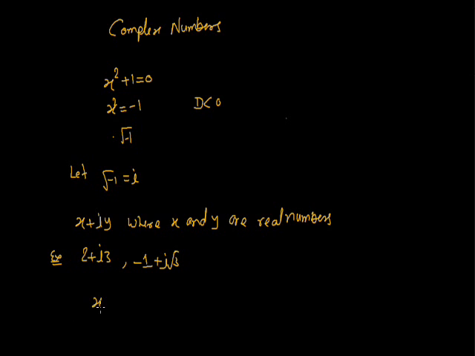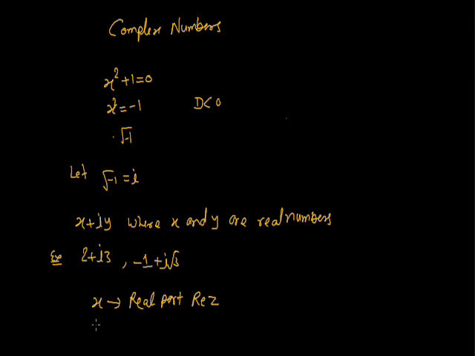So here we can say x is the real part, or we can write Re z, because we can define x plus iota y as z. Z is equal to x plus iota y, then x is the real part of z.